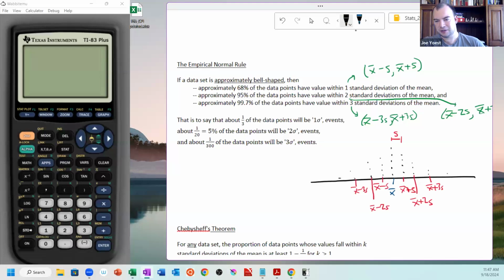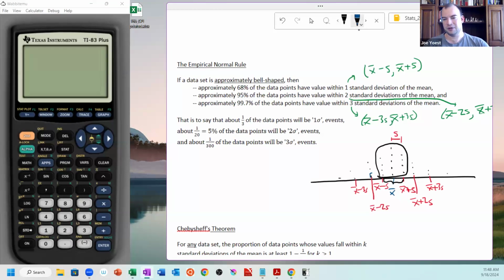And if I look at this interval within one standard deviation of the mean, I'm saying if I count the number of data points with a value in this interval, divided by the total number of data points in the sample, that proportion should be about 68%.